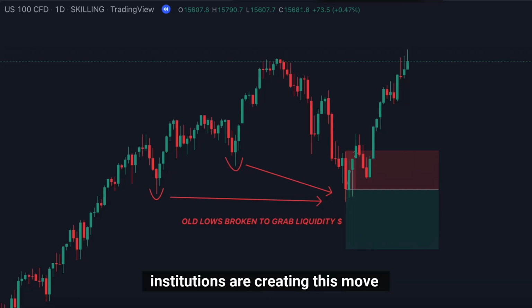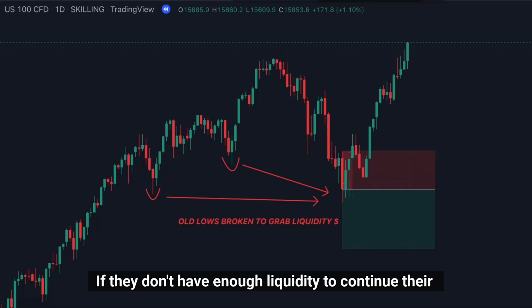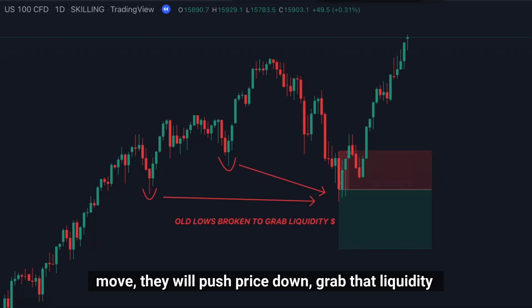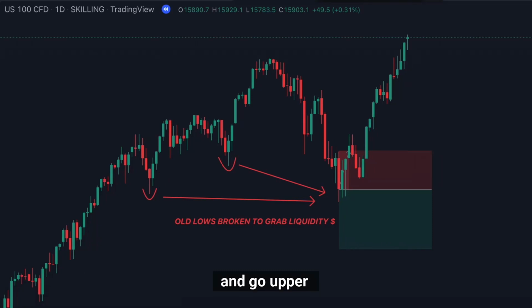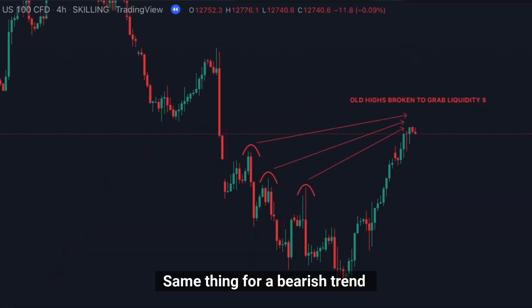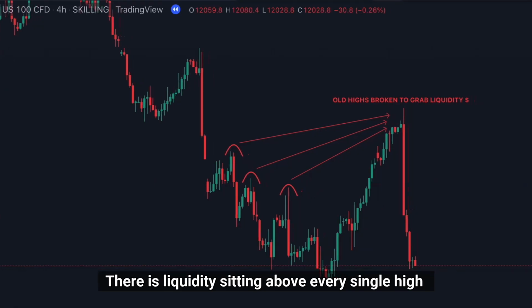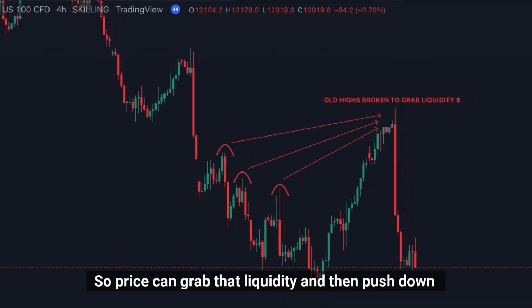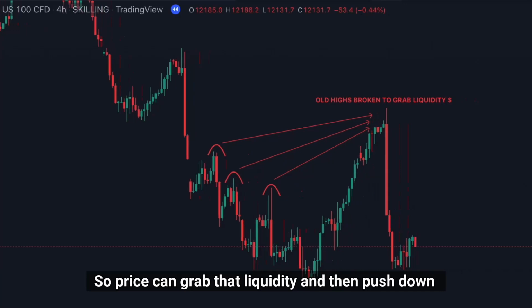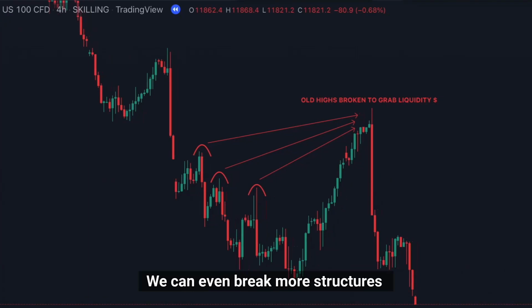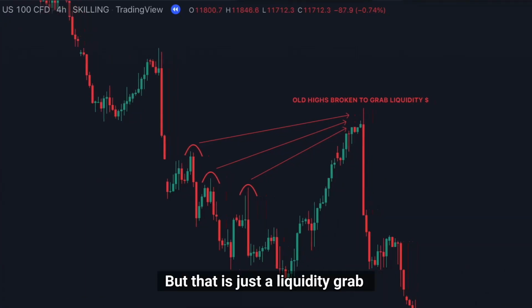If they don't have enough liquidity to continue their move, they will push price down, grab that liquidity, and go higher. Same thing for a bearish trend. There is liquidity sitting above every single high. You can grab that liquidity and then push down, simple as that. We can even break more structures, but that is just a liquidity grab.